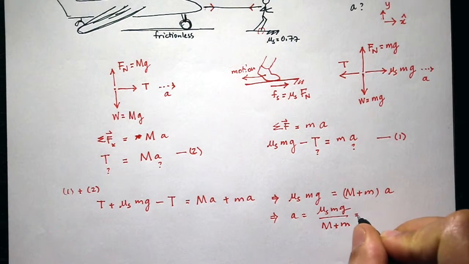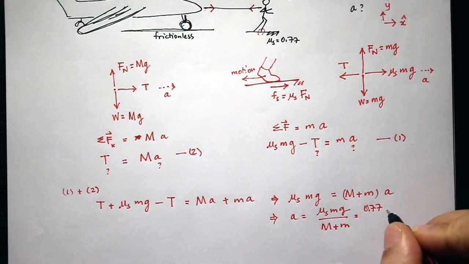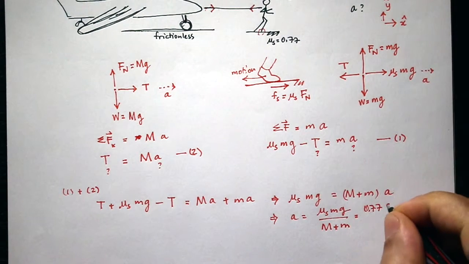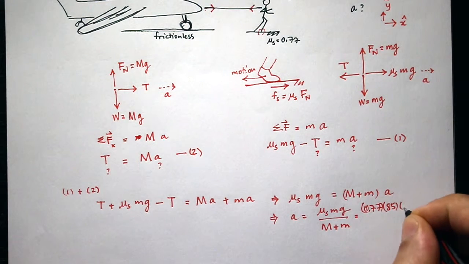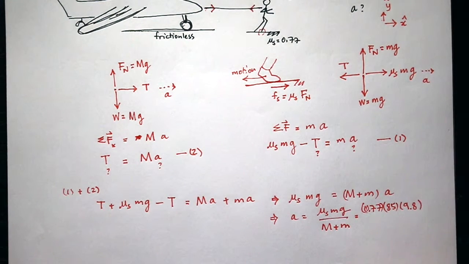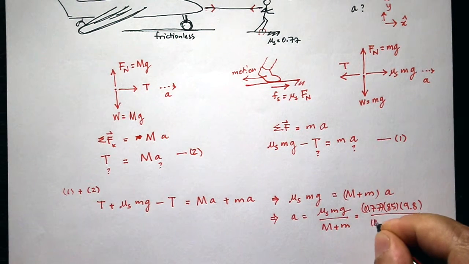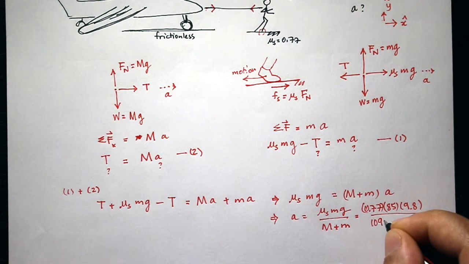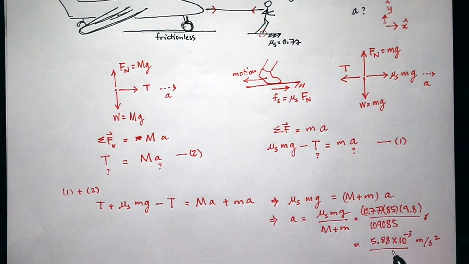And I can sub in the numbers by saying 0.77 multiplied by the mass of the man, which is 85 kilograms, multiplied by the acceleration due to gravity, divided by the sum of the masses, which is 109,085. This is equal to 5.88 times 10 to the minus 3 meters per second squared.